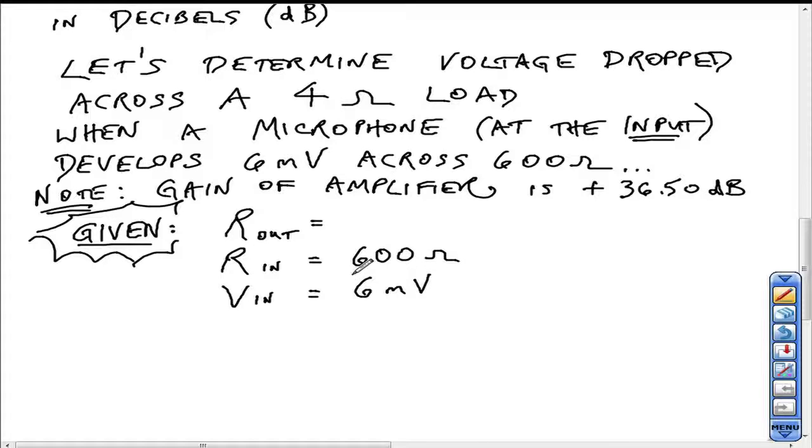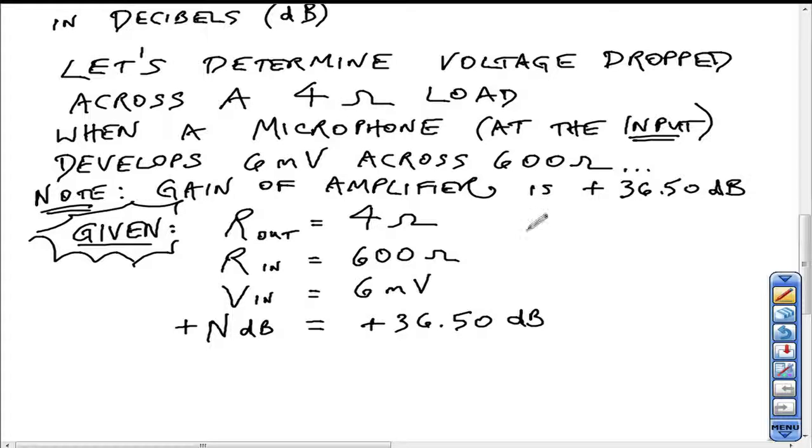And so by process of elimination, if R in is 600 ohms, then that other resistor must reside at the output. So that's your R out. And of course, the other given, very important, it's a gain, hence positive dB: a gain of positive 36.50 decibels.